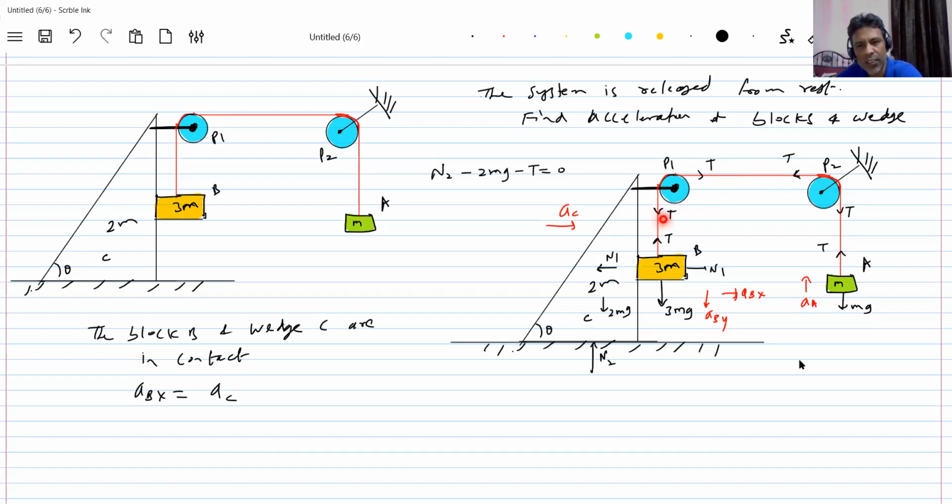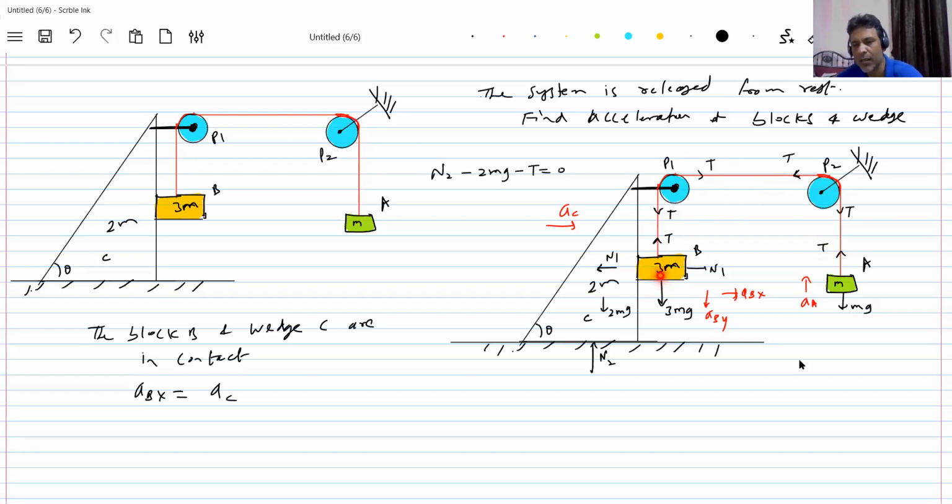Let's assume the wedge moves towards right by 1 meter and block A moves up by 2 meter. Then how much length will decrease here? 2 meter. Here 1 meter, there 2 meter, which has decreased in these two parts. Where should it increase? It should increase here.